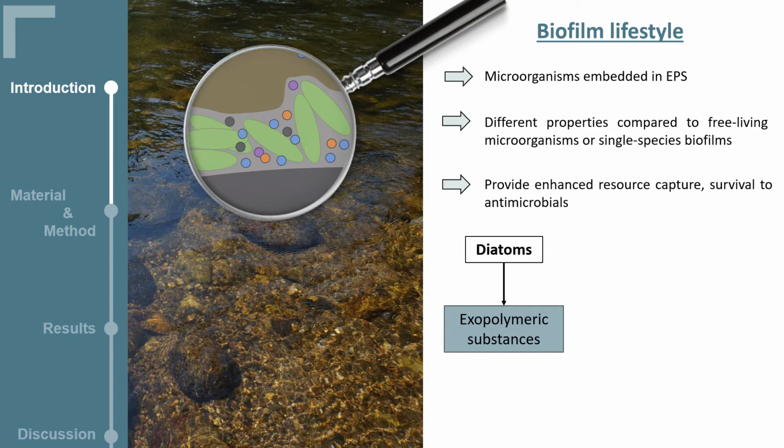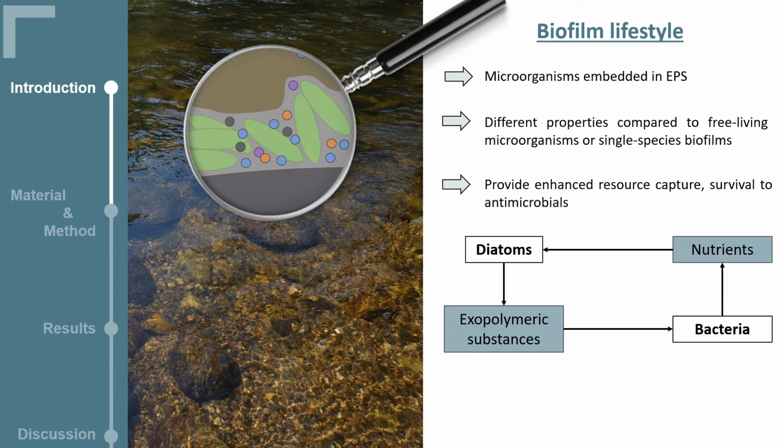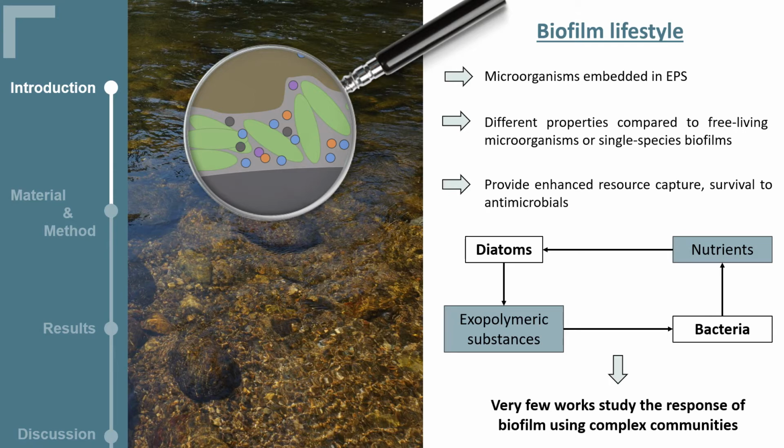The diatoms produce EPS that provide trophic resources for bacteria, which produce nutrients that are also beneficial for the diatom. Very little work is devoted to studying the responses of biofilms exposed to graphene-based nanomaterials. So this is what we expected to do with our study, to fill the remaining gap.